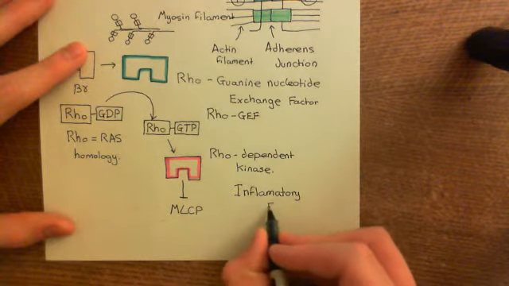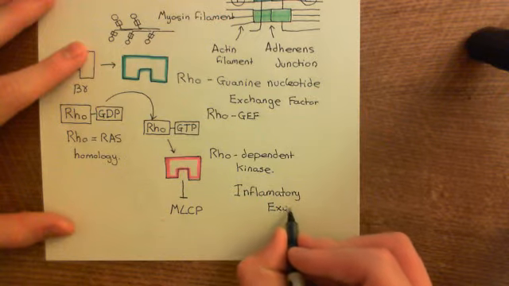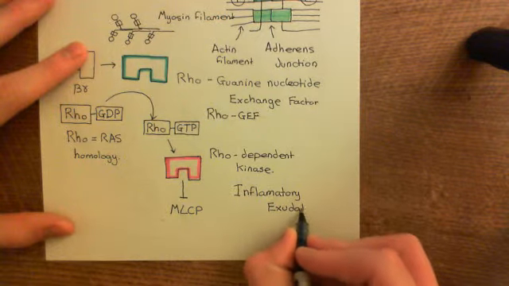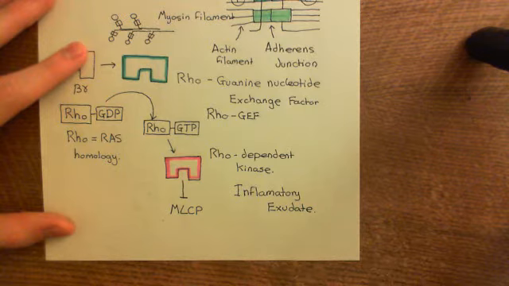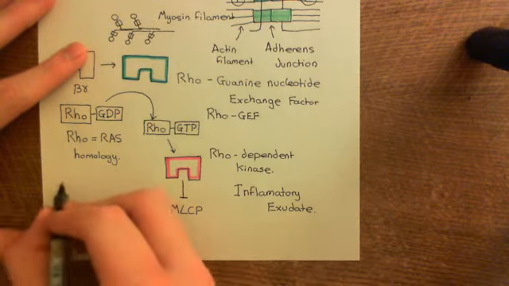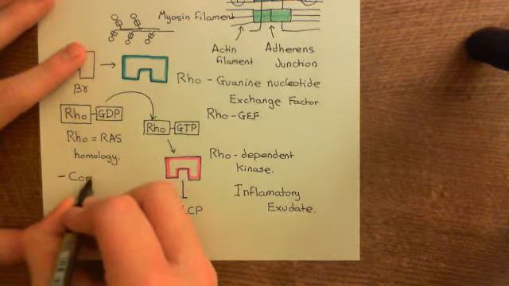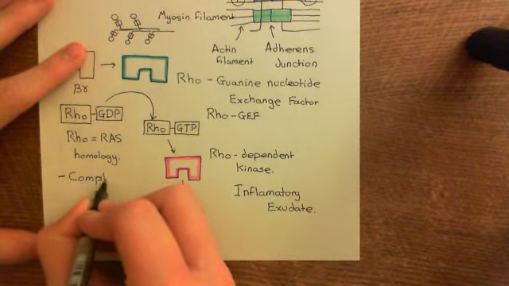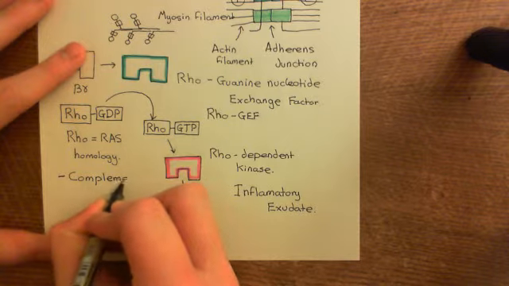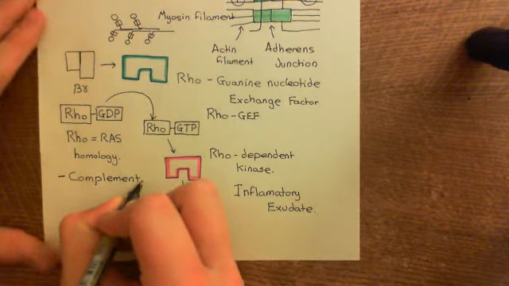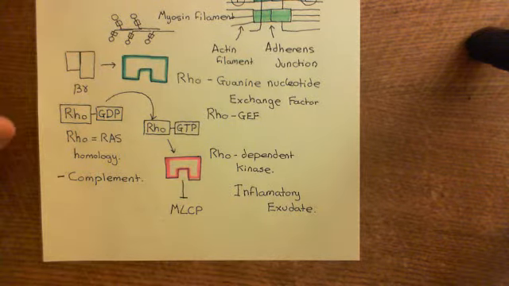Okay, now what is the purpose of this inflammatory exudate? Well, it's going to bring in a huge number of proteins from the blood which are going to help deal with this infection. Okay, so one thing that's going to be brought in is complement proteins from the blood which are going to help attack the pathogen, and they produce 3 overall end results.